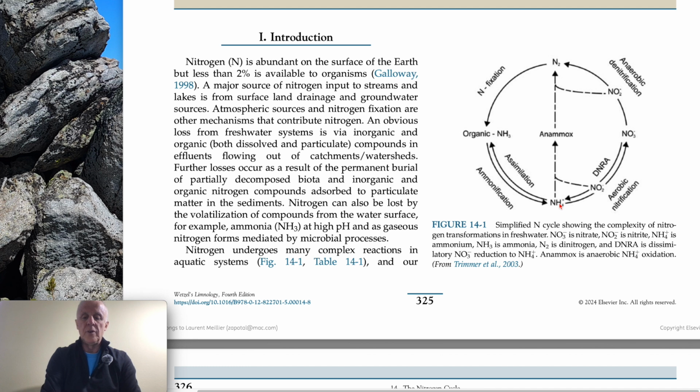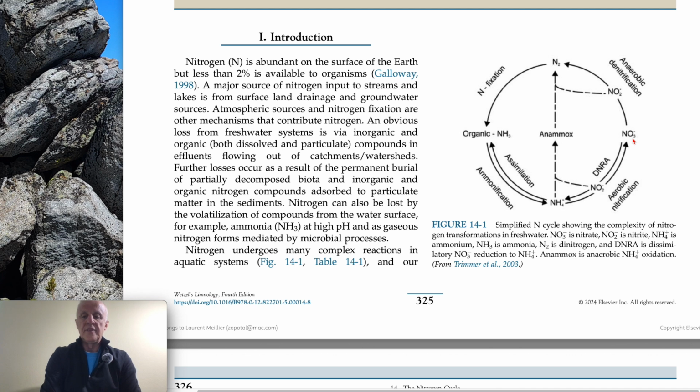So DNRA, once again, is dissimilatory nitrate reduction to ammonium. So we have nitrate reduction here to ammonium, and dissimilatory. And then here, it looks like there's a step which includes NO2, which is nitrite, and nitrite can undergo this process resulting in anamox.